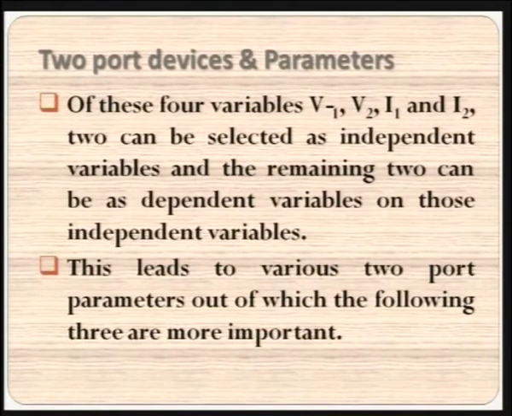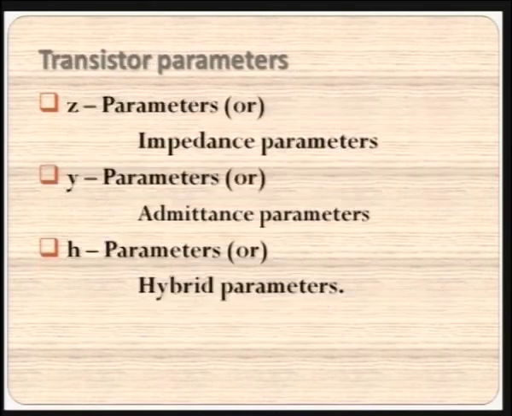Of these four variables, V1, V2, I1 and I2, two can be selected as independent variables and the remaining two can be dependent variables on those independent variables. This leads to various two-port parameters, out of which the following three are more important.